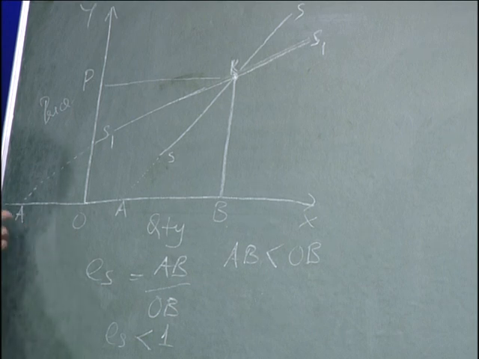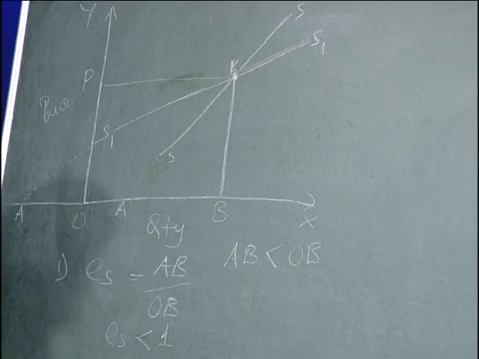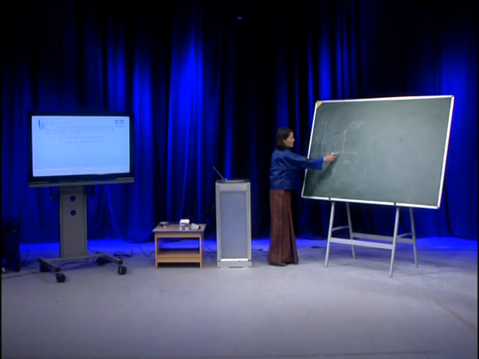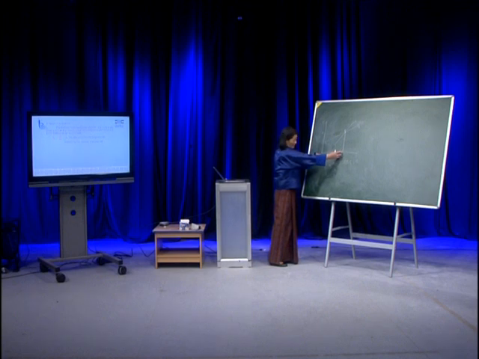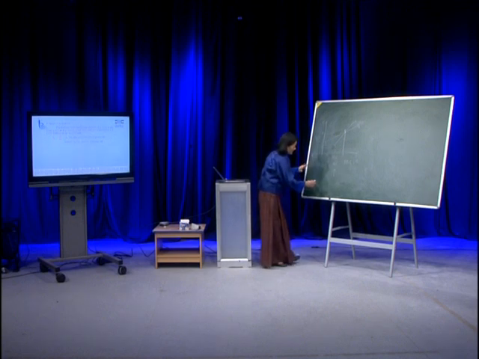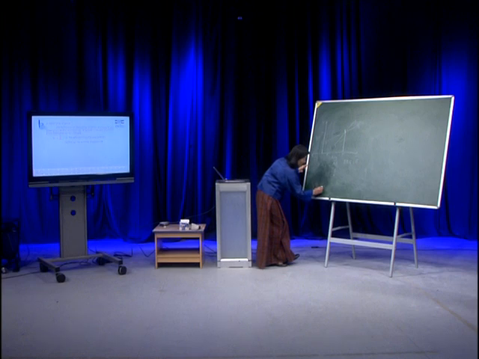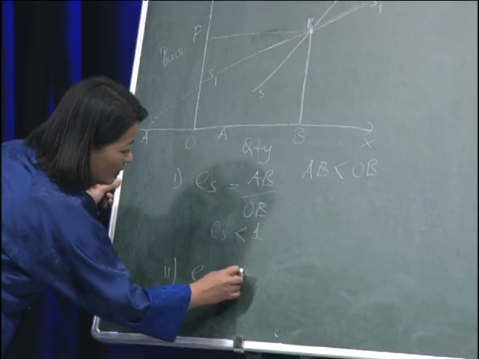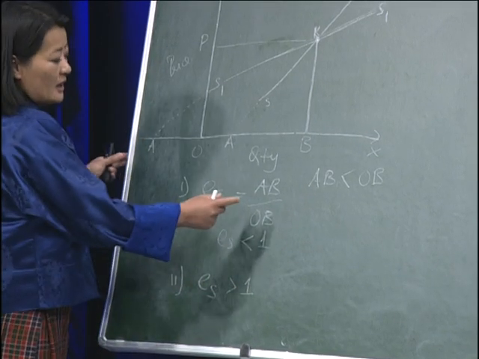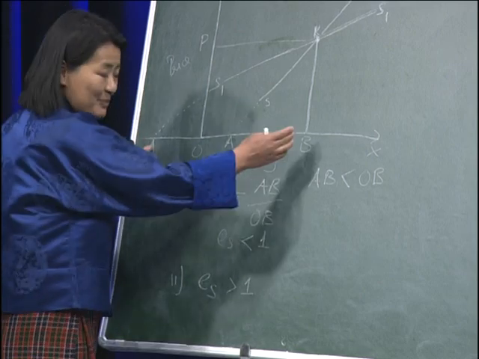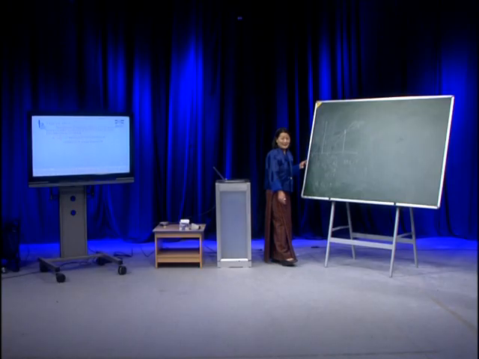In this second case, the length of AB is now more than OB. So the elasticity of supply is going to be more than 1, because the value you get for AB is more than OB.